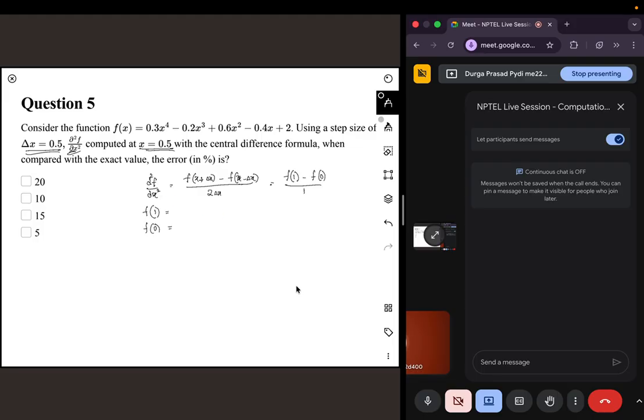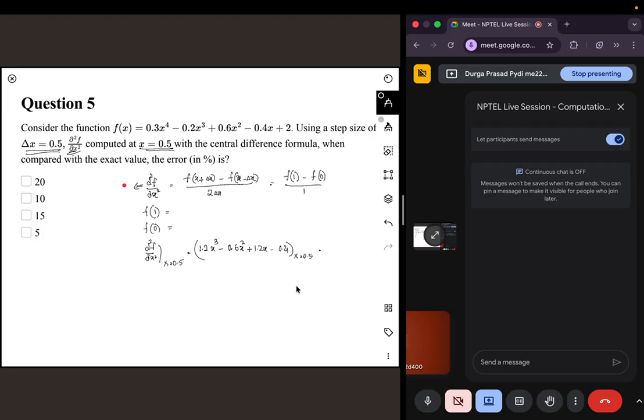From this you would get the finite difference form, and then you will also have to calculate the analytical solution, which is just taking the derivative of that and then substituting x equal to 0.5.